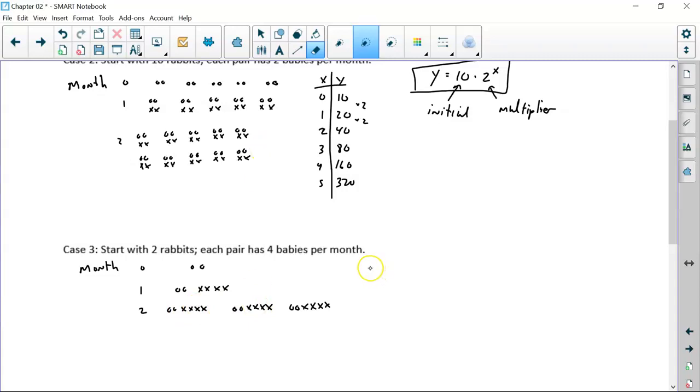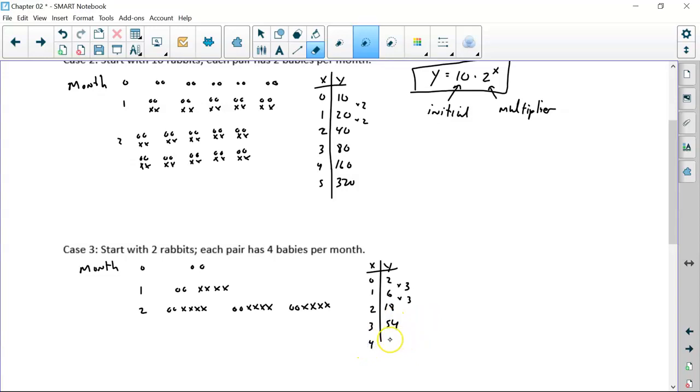So if you think about it, table, x is the number of months. Month 0, we had 2. Month 1, we have 6. Month 2, we have 18. So if you see, to go from 2 to 6 and 6 to 18, our multiplier is 3. So for month 3, we would have 54.